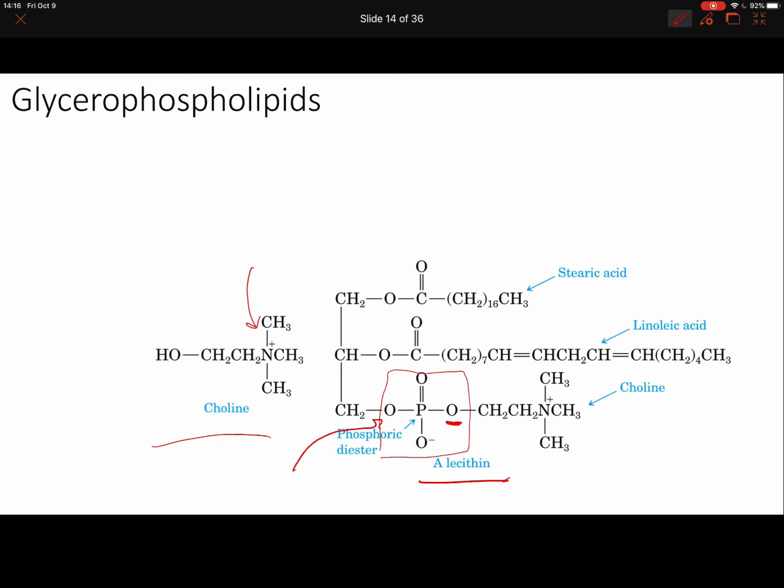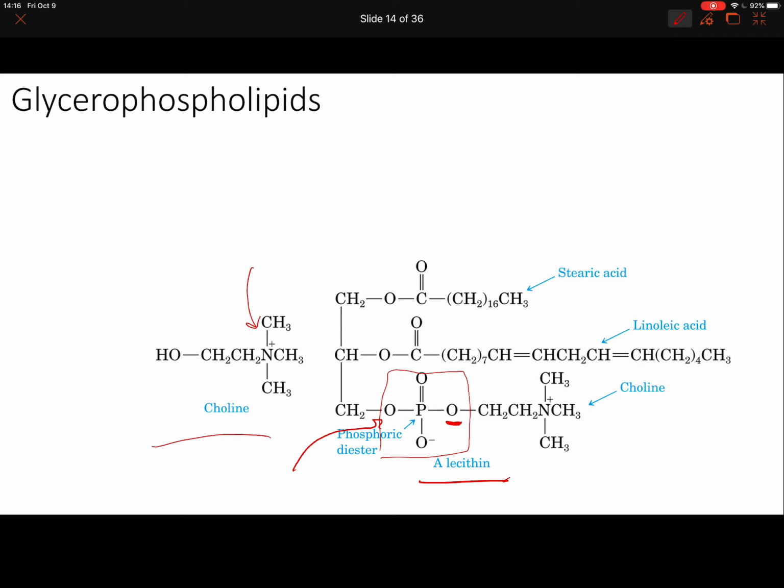And there are cephalins, which have different, I think they have serine, or what's the other amino alcohol? Triethanolamine. And so again, depending on which one you have, and also depending on whether sphingosine is attached to the phosphoric acid or if it's glycerol, there are different categories or classifications for those specific lipids.